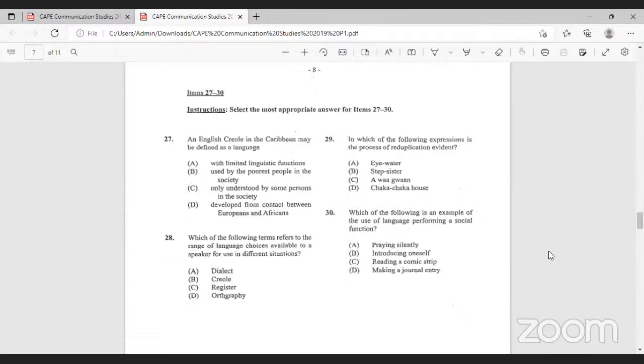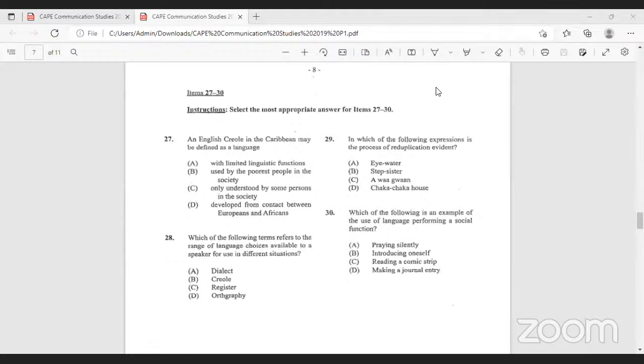27, an English Creole in the Caribbean may be defined as a language with A, limited linguistic functions, B, used by the poorest people in society, C, only understood by some persons in the society, or D, developed from contact between Europeans and Africans. 27 is actually D, developed from contact between Europeans and Africans.